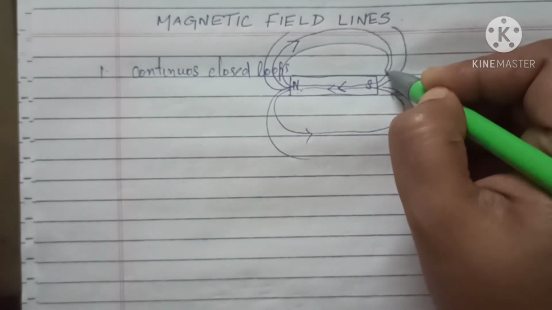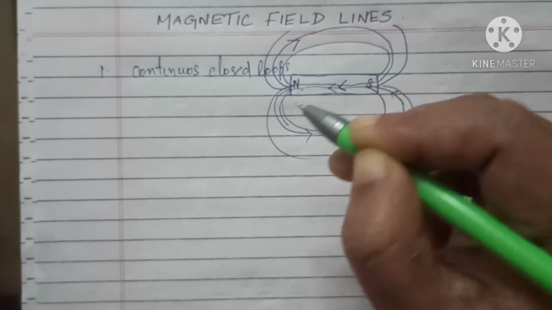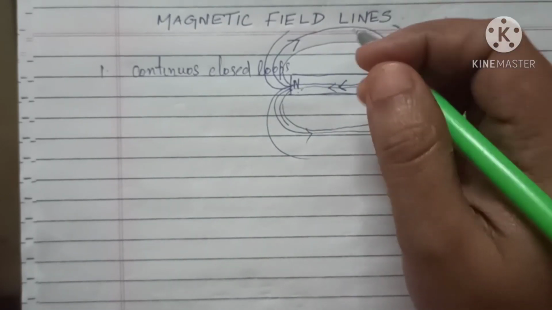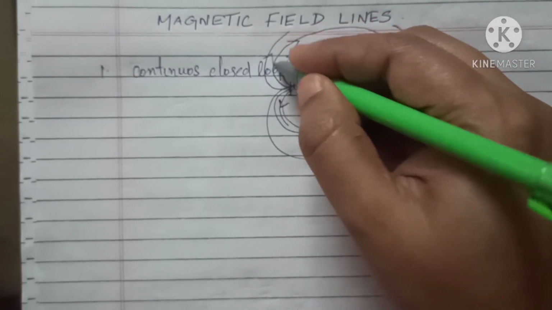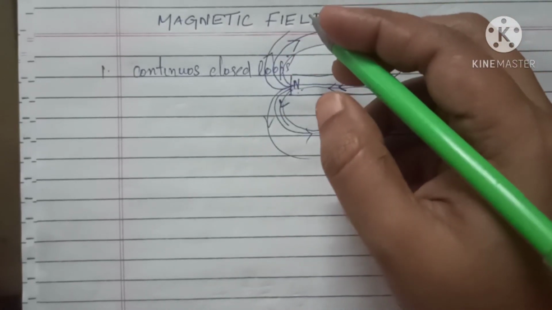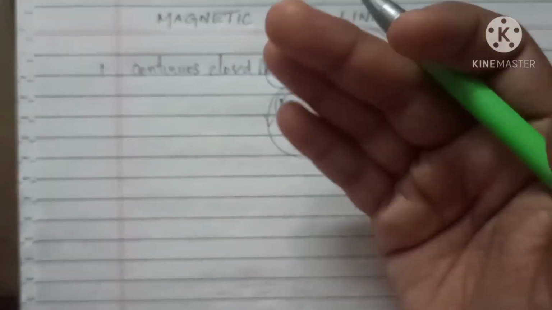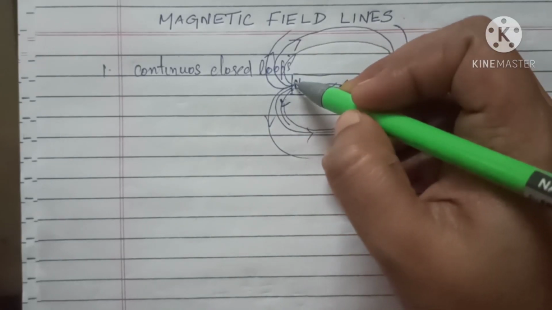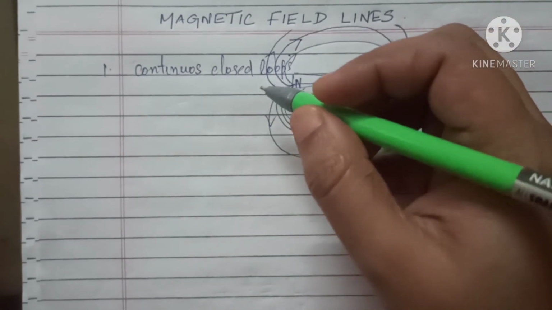Clear? Okay, in this way you can draw the magnetic field lines. It is very important that you have to mention the direction with an arrow. Otherwise, you won't get the mark. So this is the first point, that is they are continuous closed loops and they start from north and end at the south pole outside, and inside it moves from south to north.